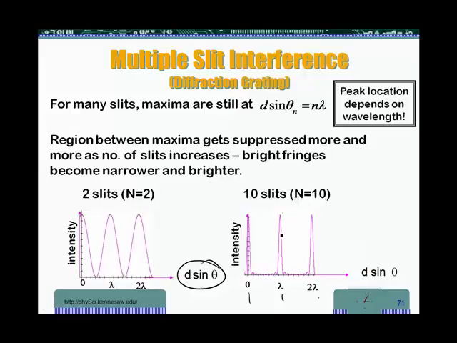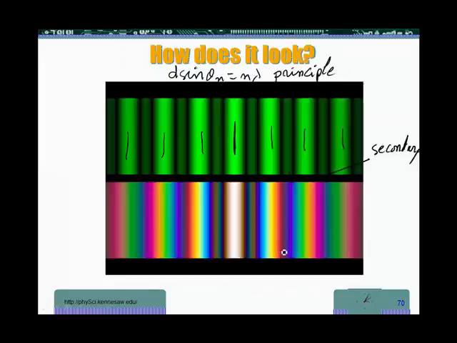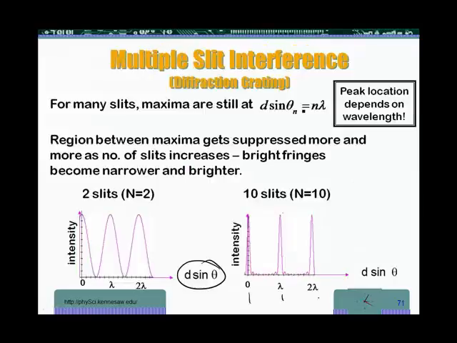Now these maxima are going to get thinner and thinner. Notice here, remember initially the maximum extended all the way to here and here. Now it is thinner. When we go to, for example, 10 of them, it's going to be even thinner. And I'm going to have secondary maxima there.